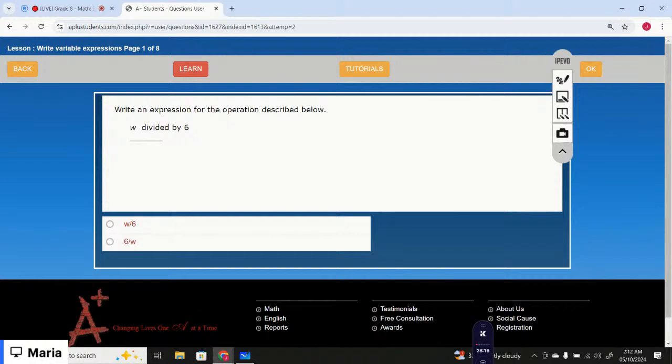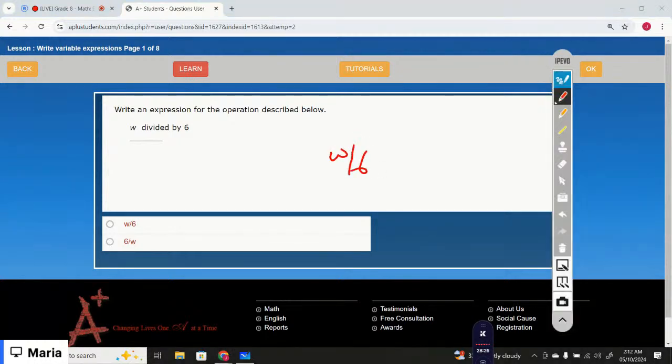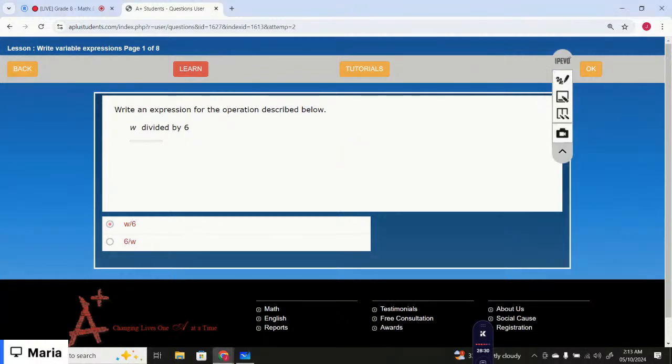W divided by 6. So just write it down using the mathematical expression. So option number 1 is the correct option. Got it?